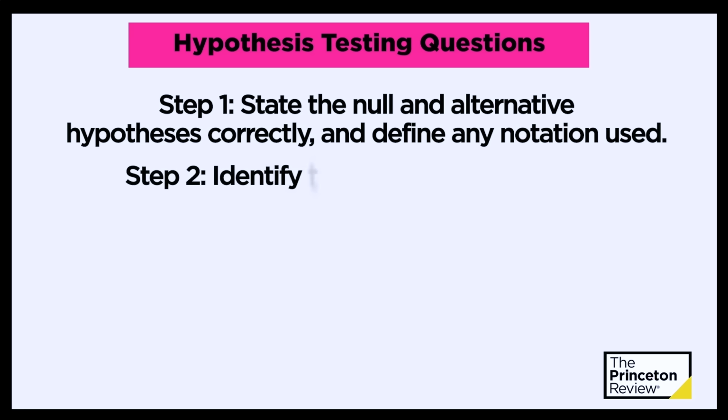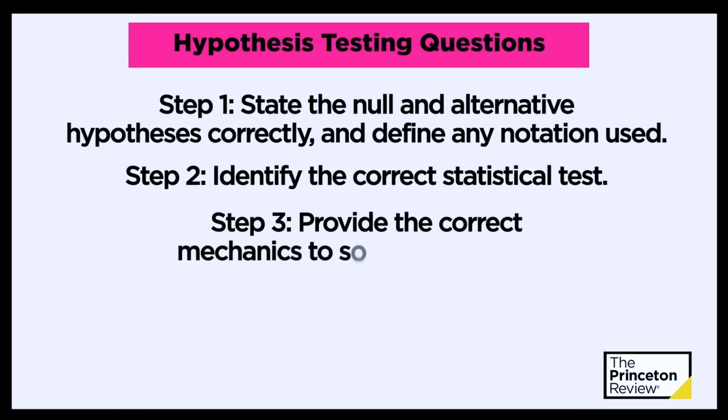Step number 2, identify the correct statistical test. This means giving the correct name of the test or providing a correct symbol or formula for the test statistic. This is crucial because if you use the wrong statistical test, you will not get credit for this part of the problem on the exam.